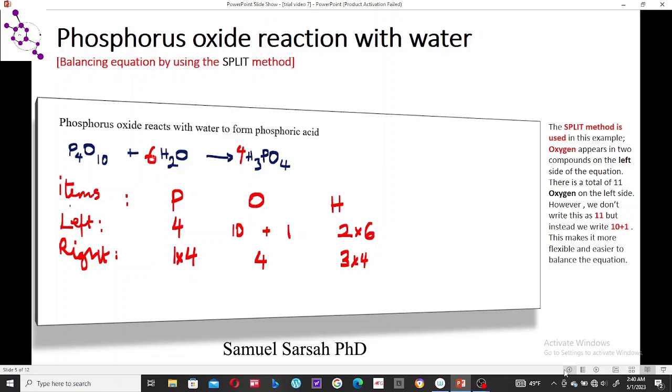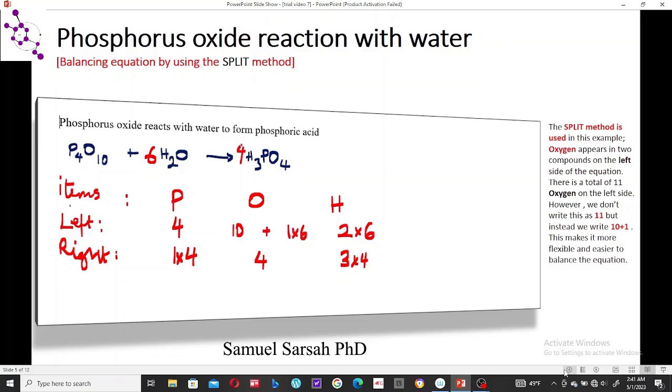Now this 6 here affects this oxygen. So that means that we have 6 plus 10 is 16 on the left side.